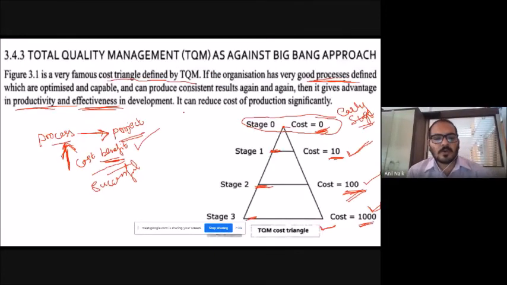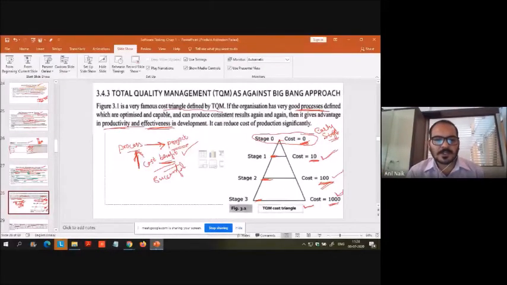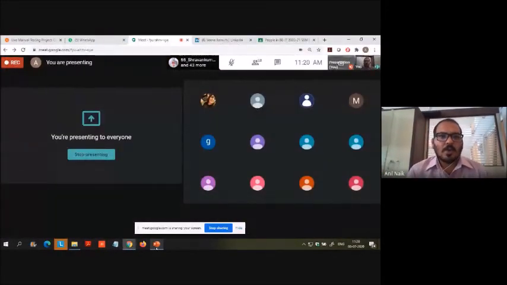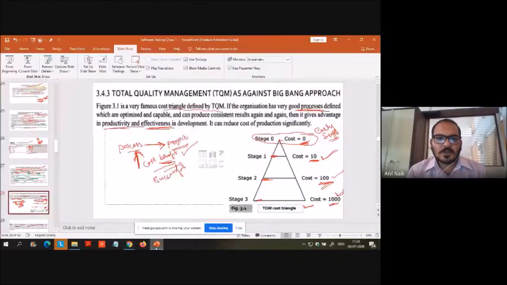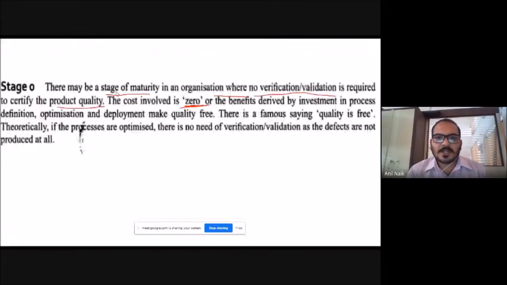If we follow the standard processes and no change is required, then the cost involved is zero, because the stage of maturity means standard processes and a well-qualified team doing the testing.